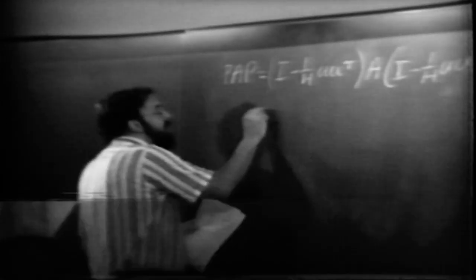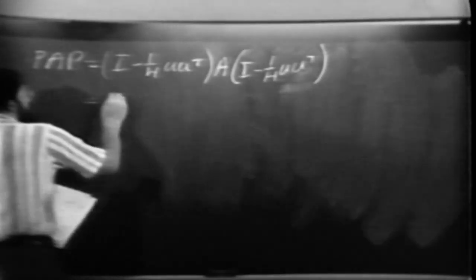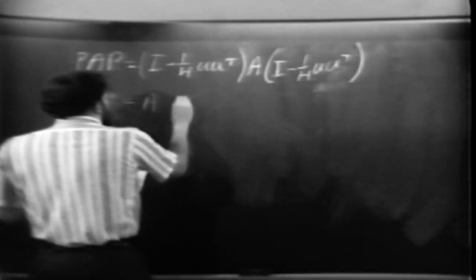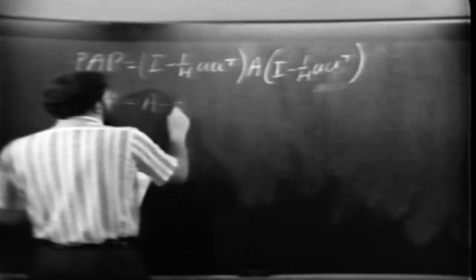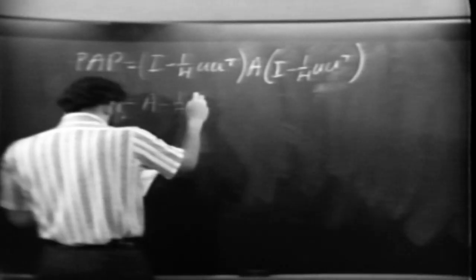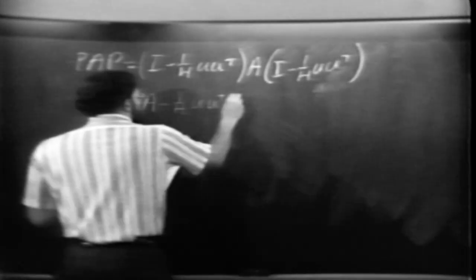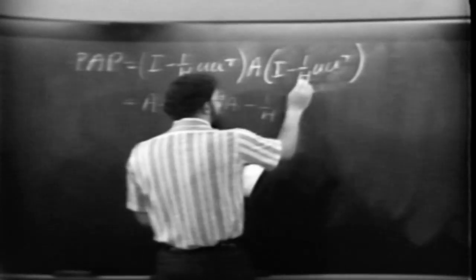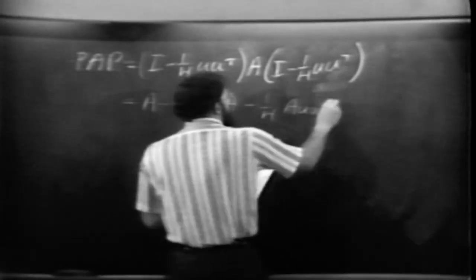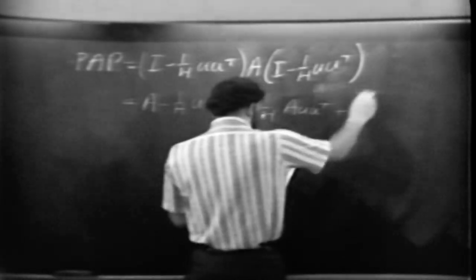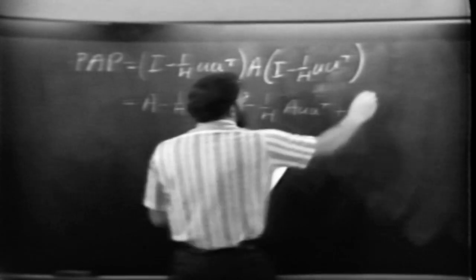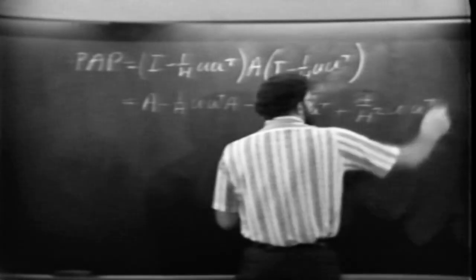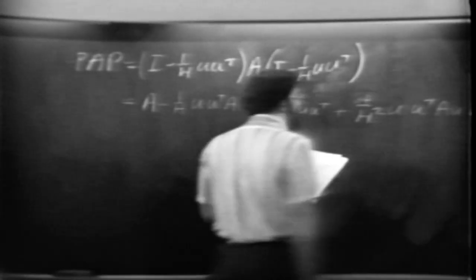But if we multiply these out on the board instead of in the computer, we find that that's A minus 1 over h u u transpose A minus 1 over h A u u transpose plus 1 over h squared u u transpose A u u transpose.